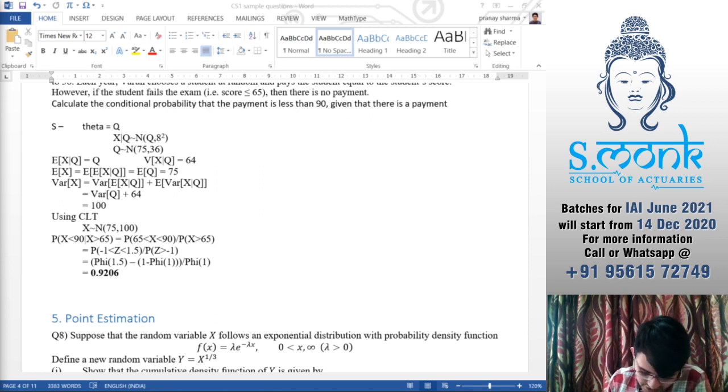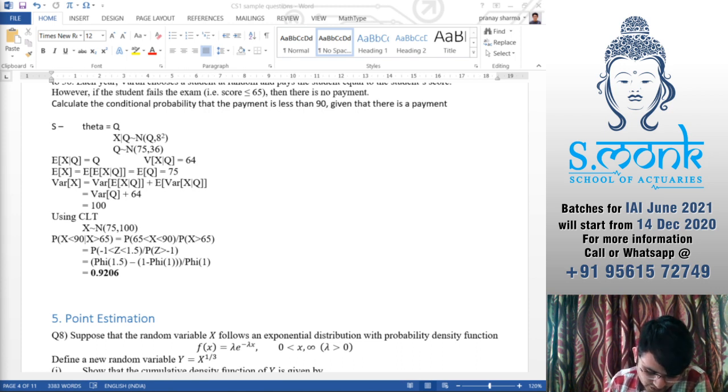So they are asking us to find expected value of X given Y equals 2. So we'll say X follows geometric distribution with probability 1 by 6, as well as Y follows geometric distribution with theta again 1 by 6.